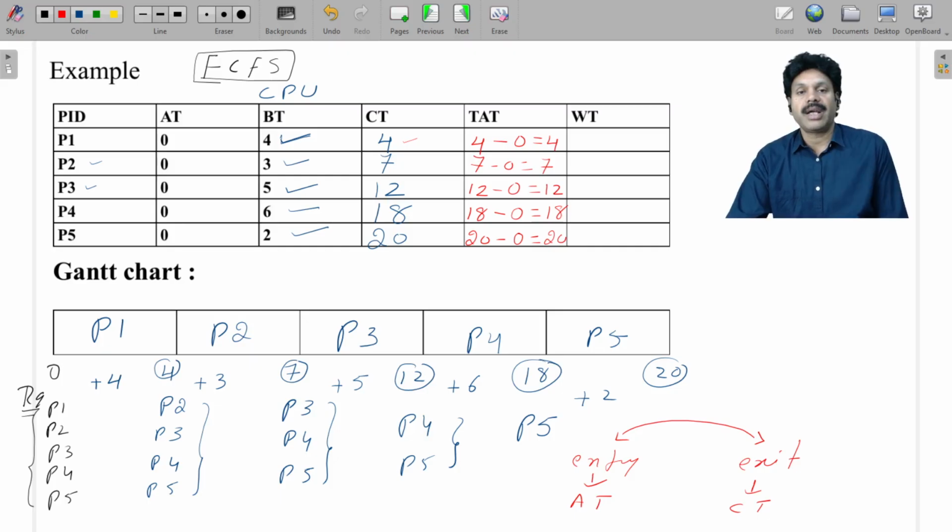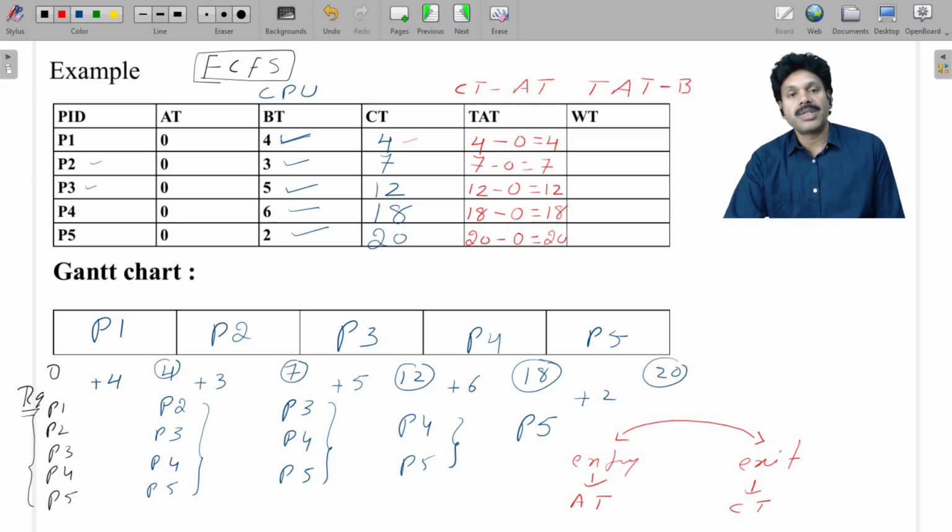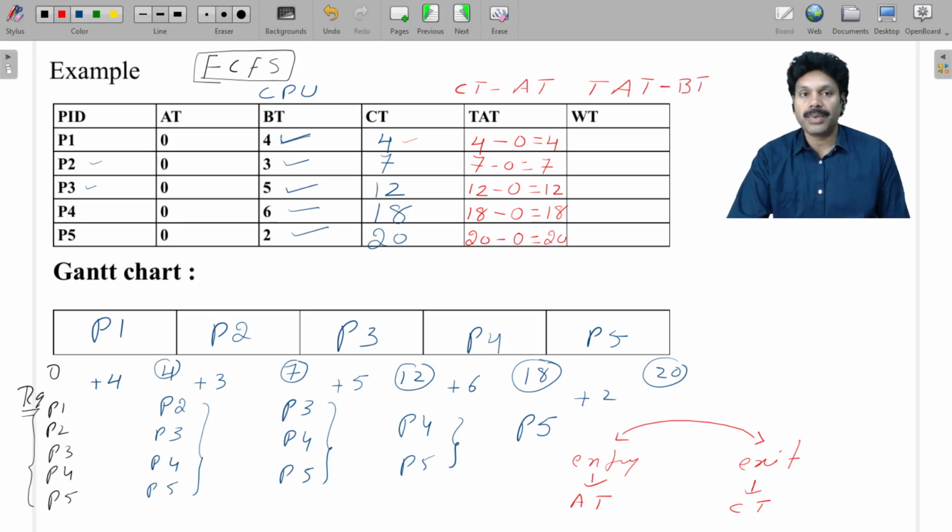So waiting time. What is the waiting time? Waiting time is nothing but turnaround time minus how much time you are in the CPU. Turnaround time, entry time minus exit time, how much time you are together, 4 units of time.